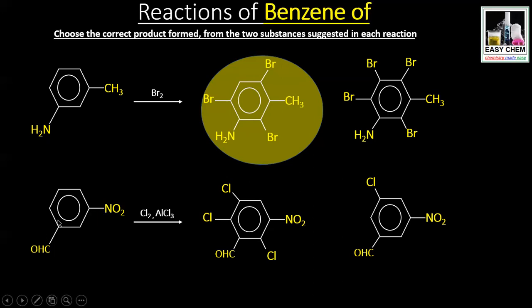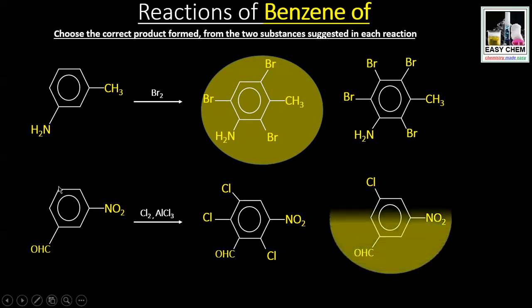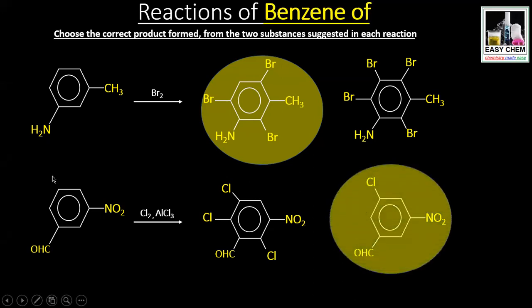So this CHO is promoting addition of chlorine, giving the final answer in that manner. Please try to compare the ability of NO2 and CHO to attract electrons away from the benzene ring and activate areas selectively.